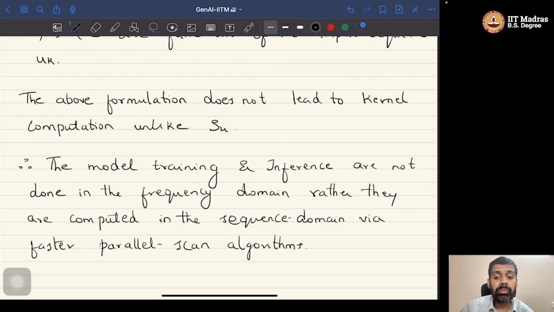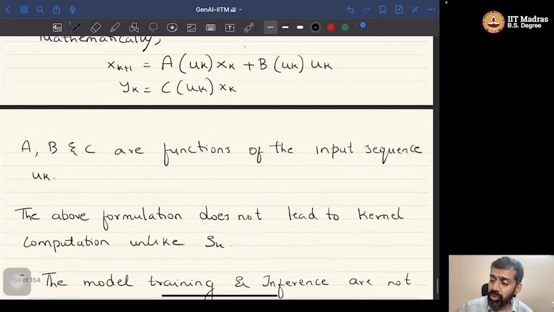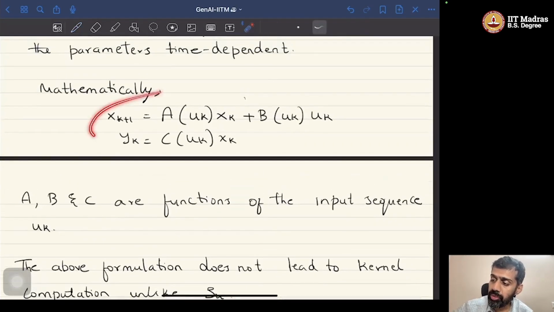So the authors of Mamba propose algorithms which make the computation of this operation called parallel scan quicker. What can be shown is that the definition of this particular state space model is very similar to computing what is called the prefix sum. So what is prefix sum? In algorithms, given a particular sequence, one would compute another sequence whose elements are cumulative sums of the previous sequence at every time. So that's called prefix sum, right?